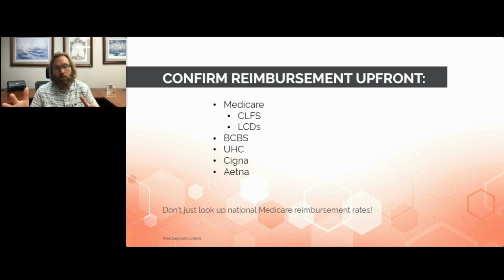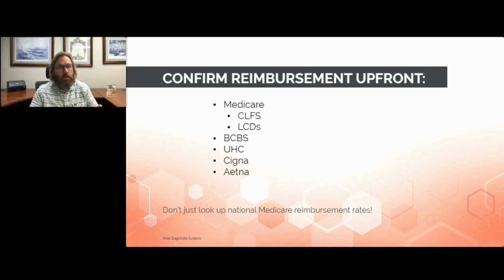There's a maximum amount of modifiers that you can use on these particular tests, or there are other requirements that you need to have in place for you to get paid on these particular tests. So you really want to dig into those LCDs to look at that. And those are typically all available on the CMS website as well.